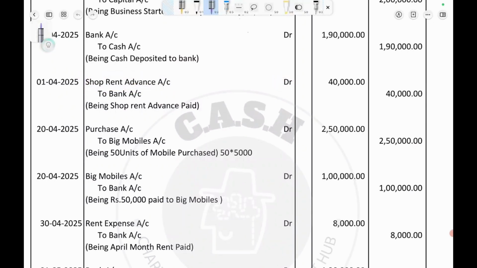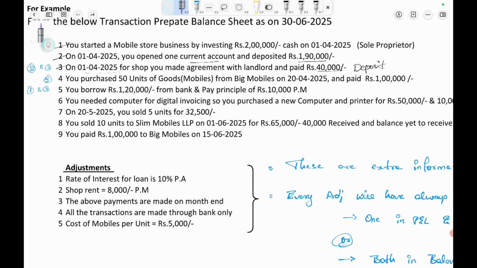Why? Because we are giving an advance to the landlord, which means he has not earned this income yet. It will be his income only after we use the service. Until we use the service, it is unearned income for him. So for that reason, we won't debit the landlord account, but we debit the shop rent advance account. So we move on to the next one.